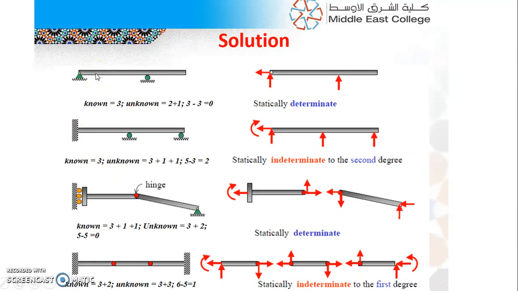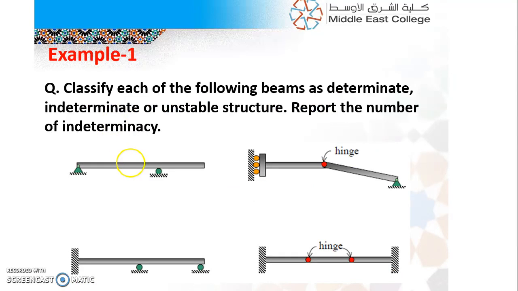See, this is the question and this is the solution given for it. We know R is equal to 3. How do we say R is equal to 3? As I told you before, reactions for a hinge is 2 and for a roller is 1. So on this beam, 2 plus 1, there are 3 reactions.